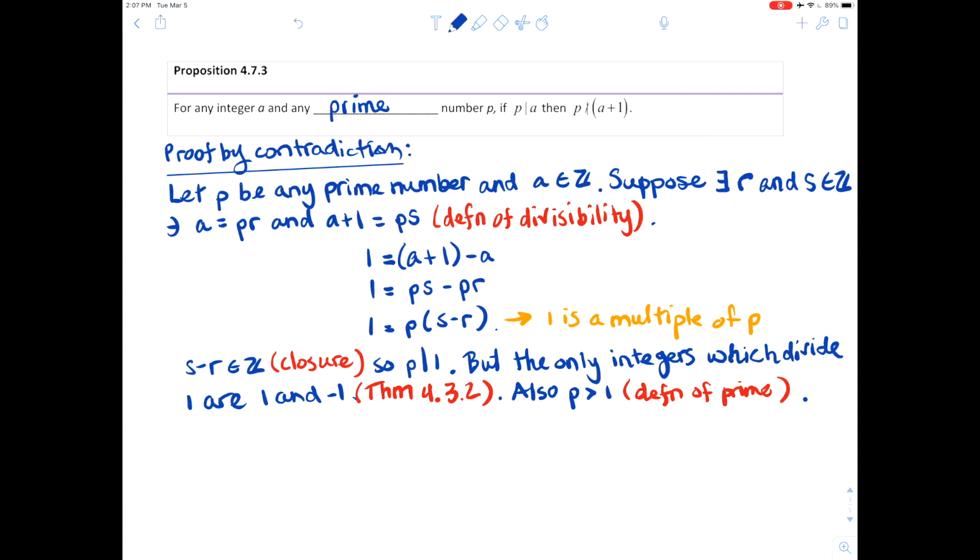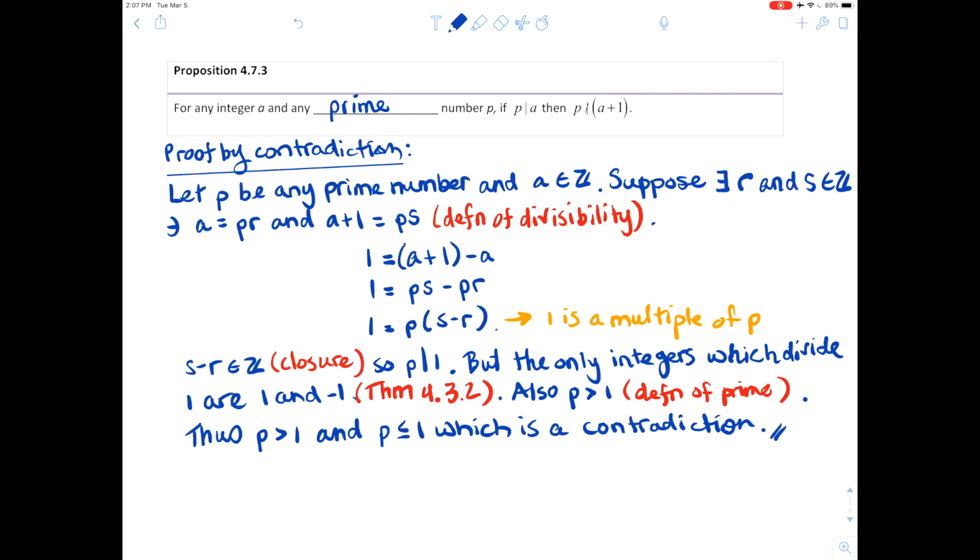This is saying that p is greater than 1, and it's also saying that p is less than or equal to 1, which is definitely a contradiction. So we've proved this proposition. And we're good to go.